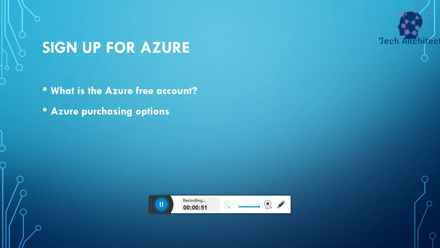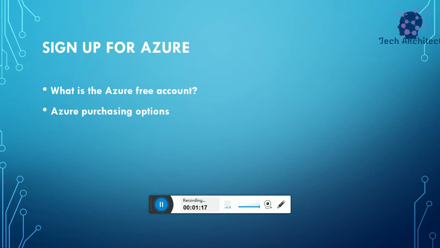So, what is the free Azure account? Basically, Microsoft Azure is offering you a free account for Azure services. You can create one if you have a phone number, a credit card, which will be charged of course only when you use it, otherwise it will be free, and a Microsoft account, or you can also use a GitHub account.